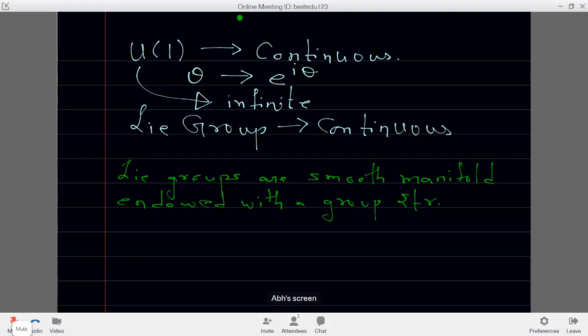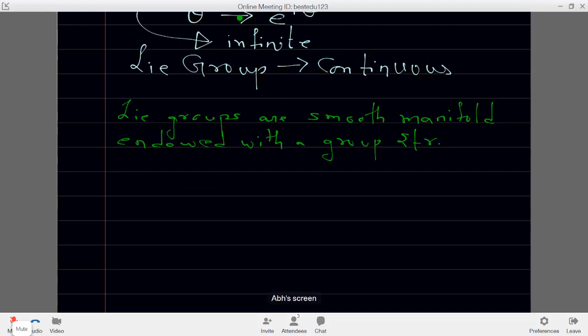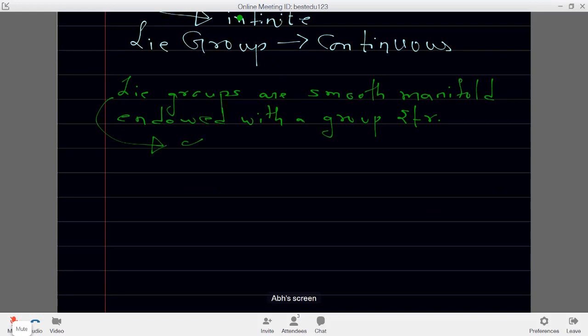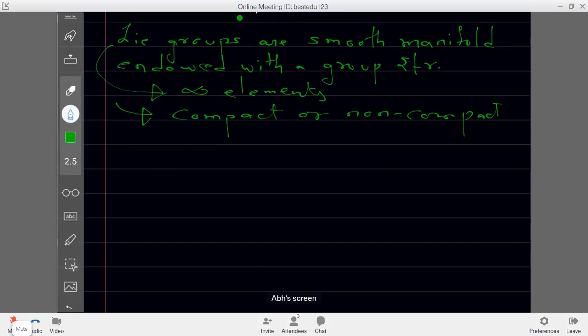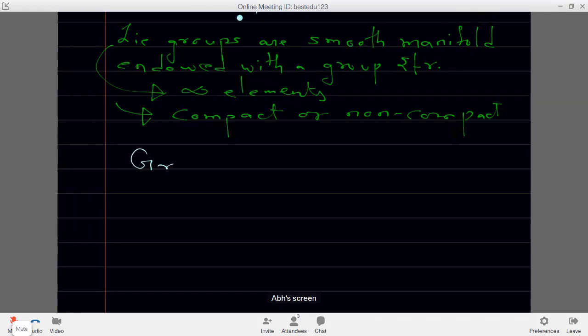Okay, so what did we learn? This kind of group contains an infinite number of elements. They can be further classified depending upon whether they are compact or non-compact. We will understand this along the way. So what is the upshot? When I'm talking about a group, I'm talking about a set of elements.